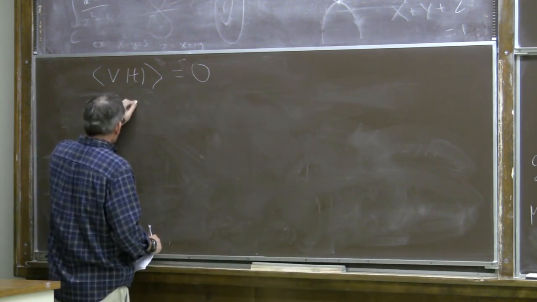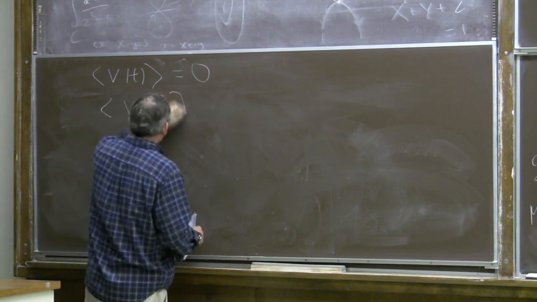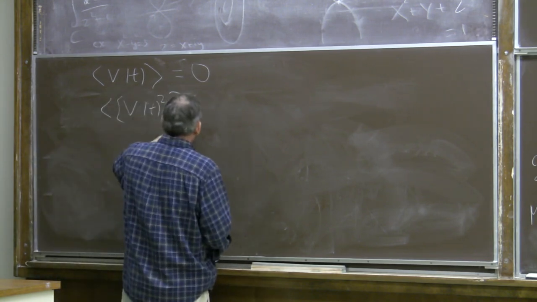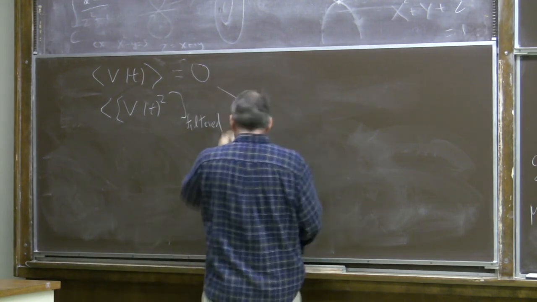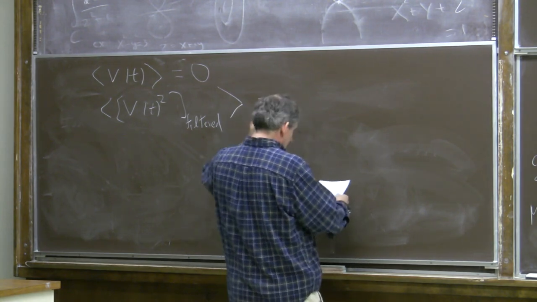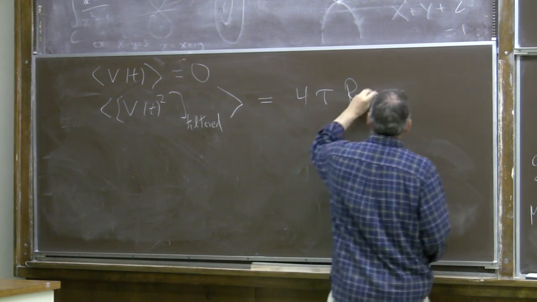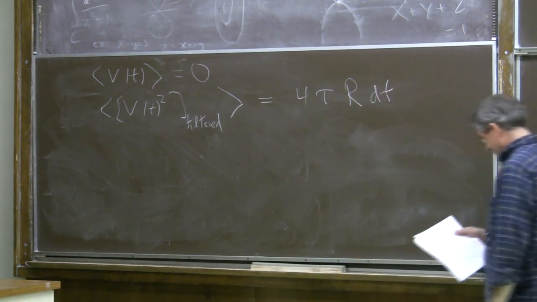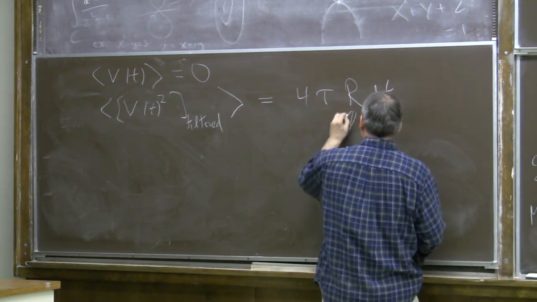But we can also characterize its mean square fluctuations. If I look at the filtered value coming from a certain frequency band of v squared, it's given by 4 times the temperature, the resistance, times the width of the band. So just make sure the notation is clear.